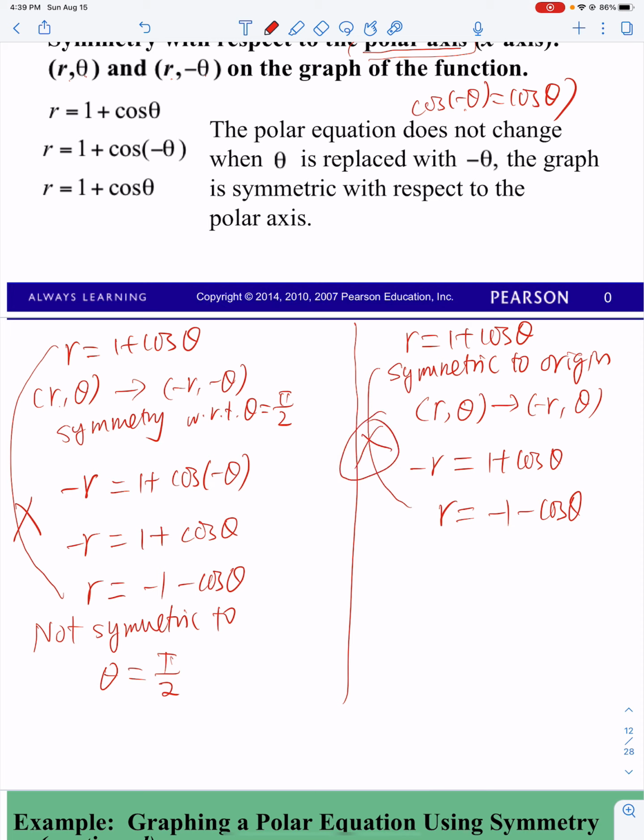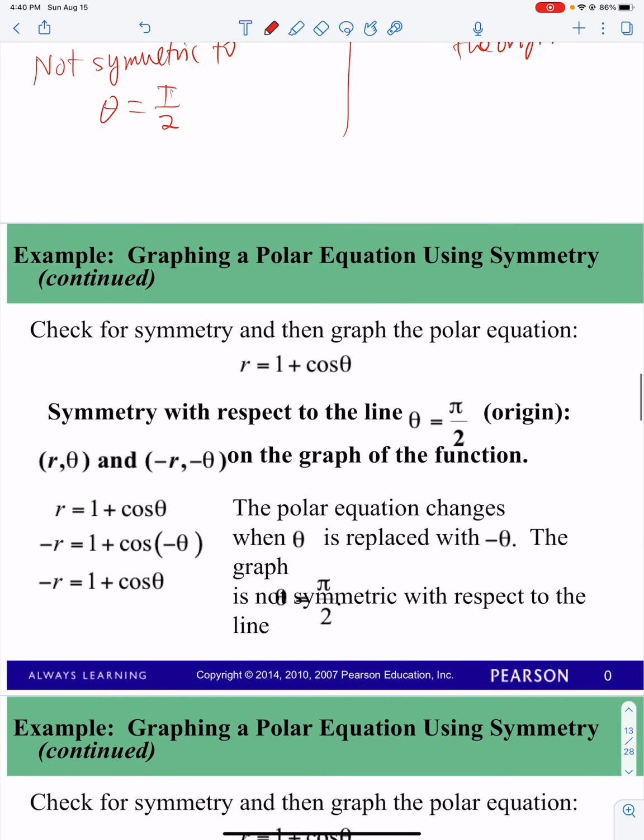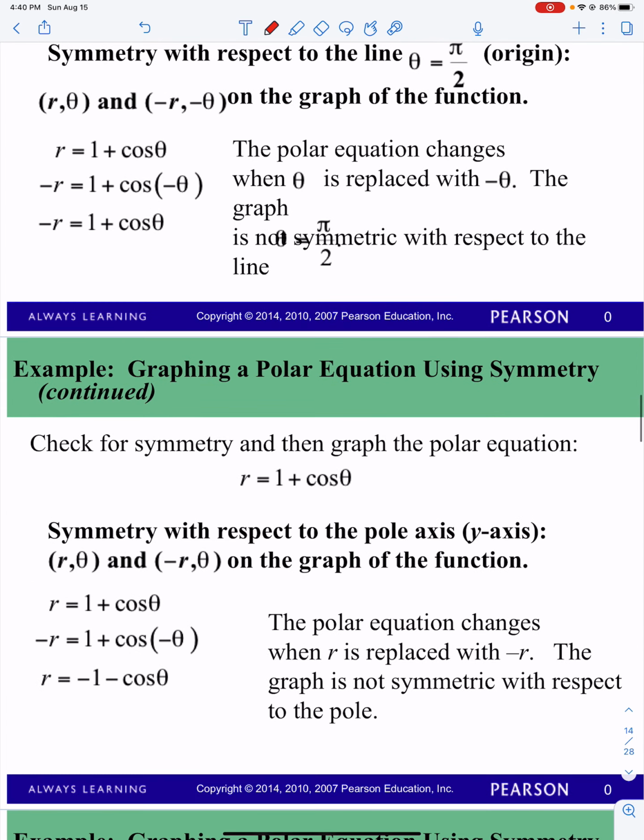One is plus, one is minus. So it is not symmetric to the origin either. This is how you check it. After you substitute negative r, negative theta, or only one of them, if you get the same equation, then you have the symmetry. If not, then you don't. Do this carefully.